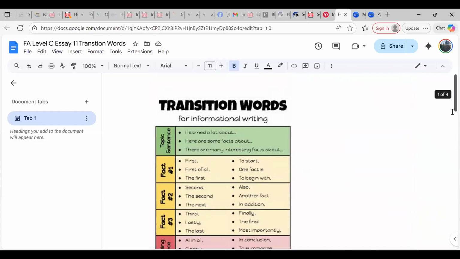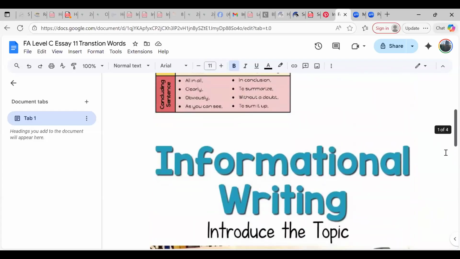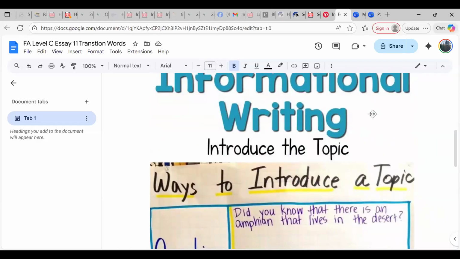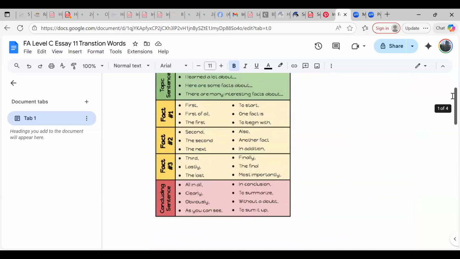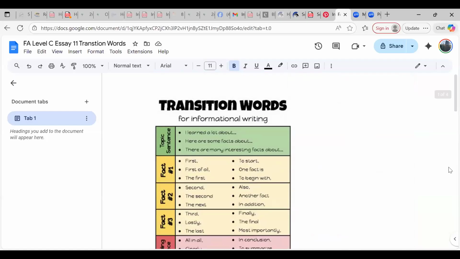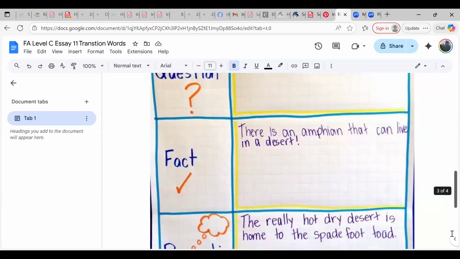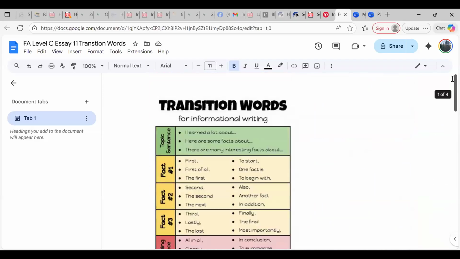And I have transition words, but I thought I had it on a separate page. Let me take a look here. I'm going to add this to your assignment so you can access the transition words. Where did the other one go? There were two here.